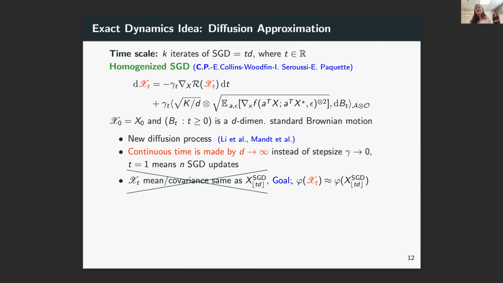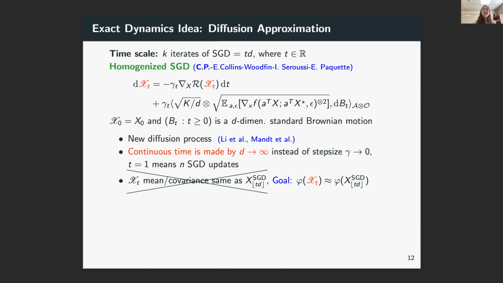It's so complicated that you can't actually do it, or you can do it, but you wouldn't be able to say anything about it. It's as hard to solve as SGD. So instead you say, maybe my goal isn't exactly for these two iterates to match. Maybe my goal is to create a diffusion process where functions of the diffusion process are close to functions of SGD.